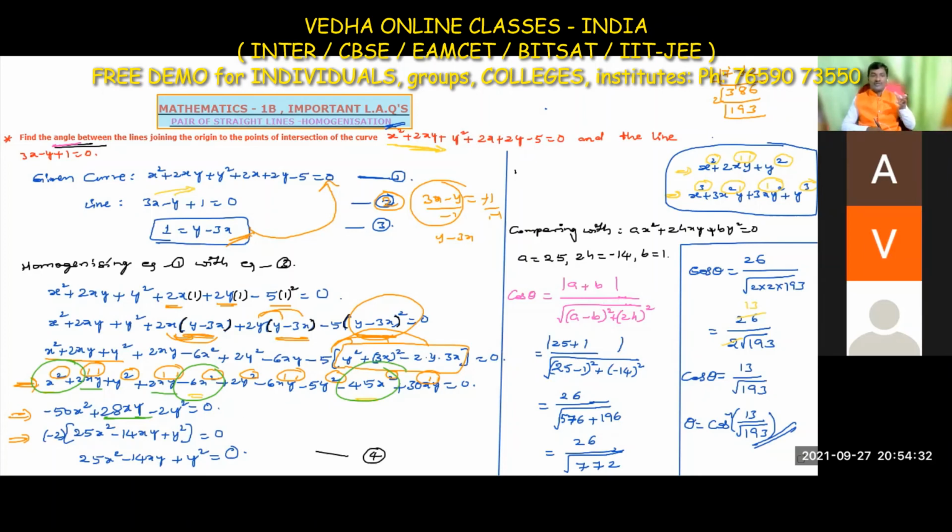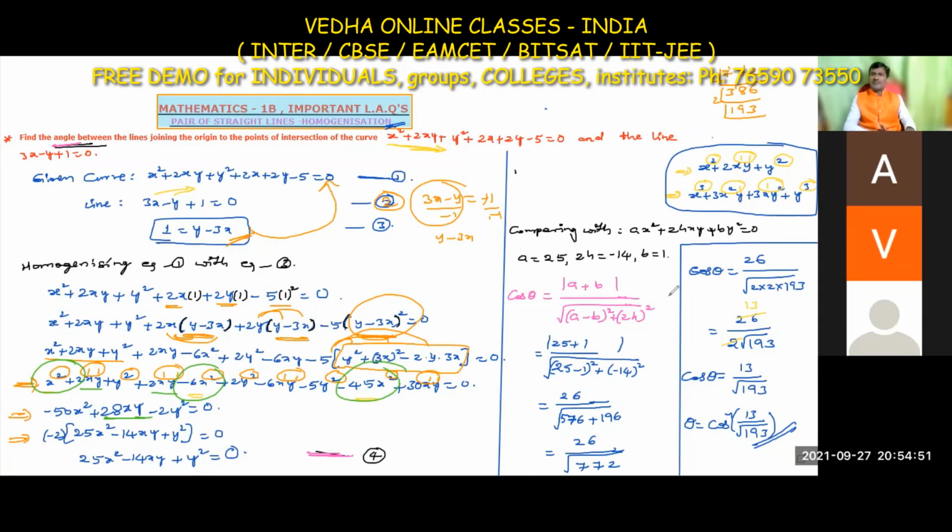So we took minus 2 common, so 25x square minus 14xy plus y square is equal to 0. Till here, for any question in this model, it is the same, there is no change. From here onwards, a little bit of change, and that too small changes.